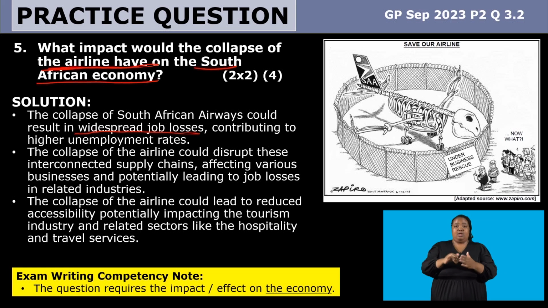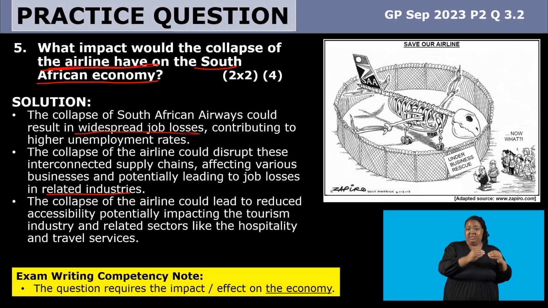Number 2, the collapse of the airline would disrupt these interconnected supply chains, affecting various businesses and potentially leading to job losses in related industries. So it's not only going to affect jobs in the airline industry, but jobs in related industries will also be affected.